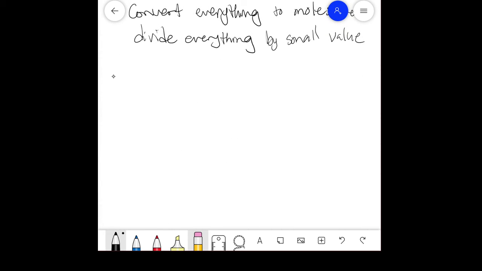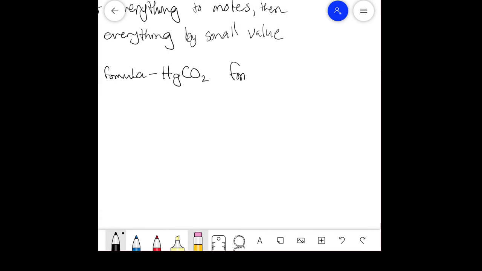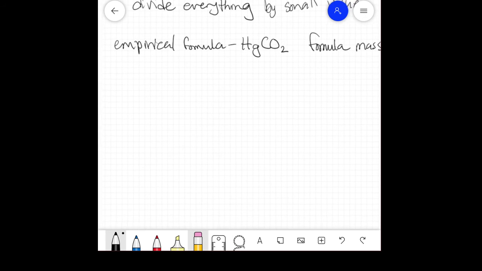So say the empirical formula was AgCO2, and then say it gave you a formula mass of 304 atomic mass units.